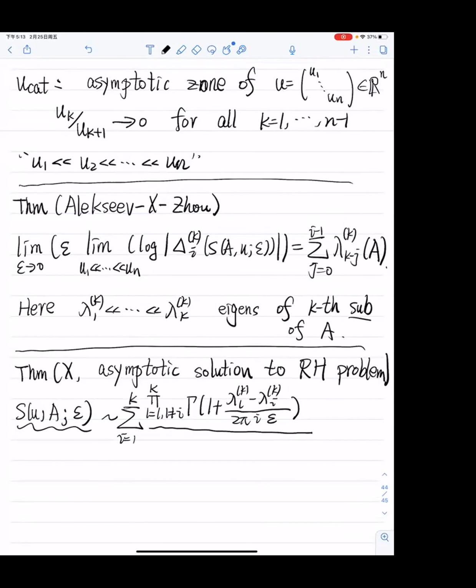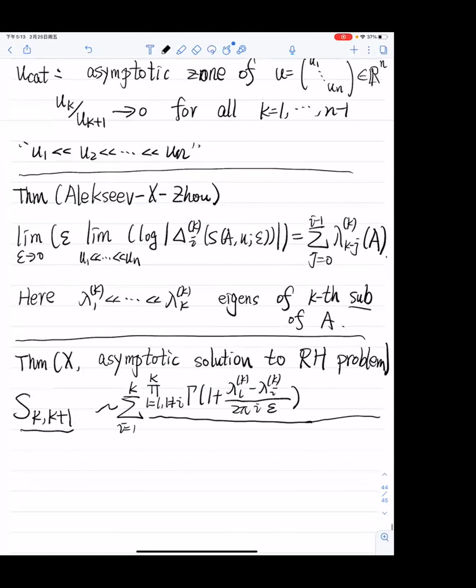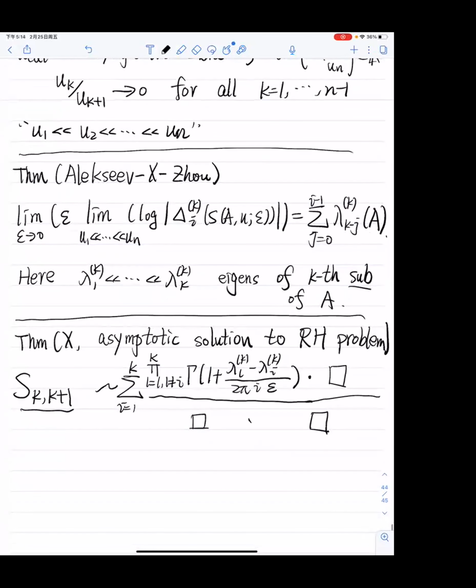So here I'm computing the k, k+1 entry. Each of these entries has an explicit formula, but let me just give you some subdiagonal entries of the Stokes matrix. It's given by some formula taking this form. Each of these boxes is also a product of gamma functions.